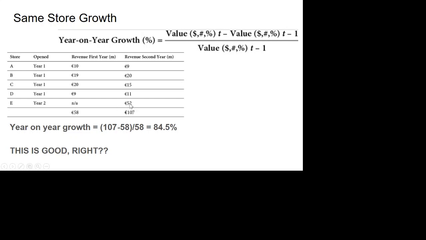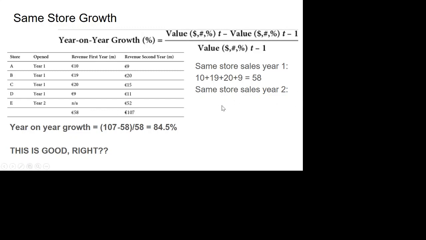one particular store, okay? But if we subtract that out, we can take just the numbers from the 4 stores that were open both years, determine same store growth to see, well, how did the existing stores do? So if we do that, we'll take 10 plus 19 plus 20 plus 9, which was the total revenue in year 1, 58 million euro in same store sales.